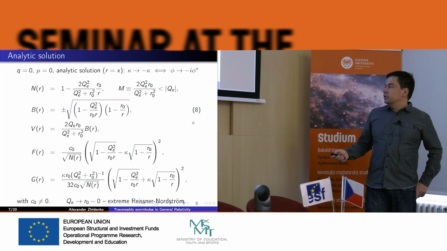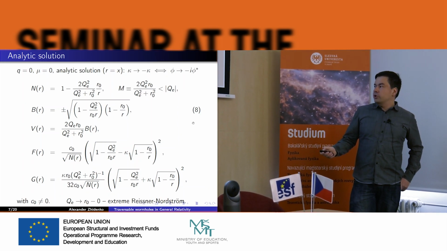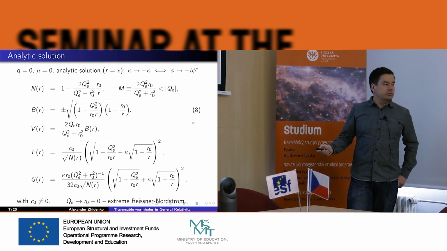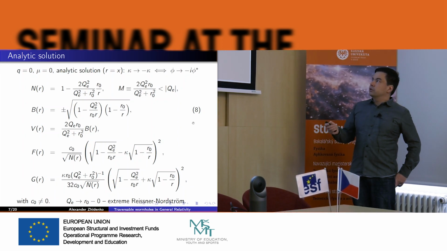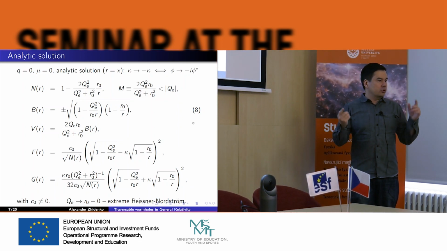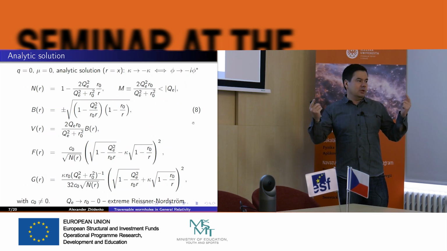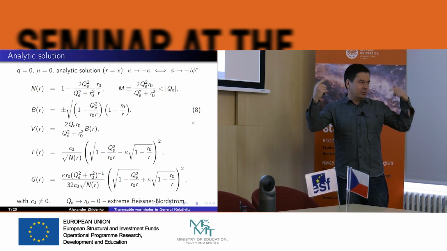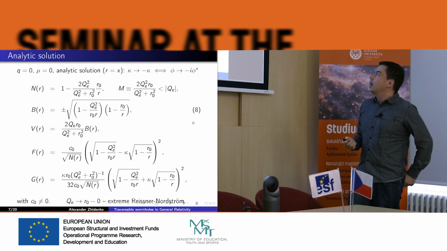Yes, if we take this limit when our charge goes to r0, then in this limit we obtain extremal Reissner-Nordstrom. So this family of solutions is like the other part from the other side of the Reissner-Nordstrom.